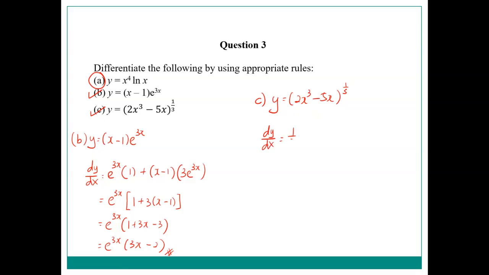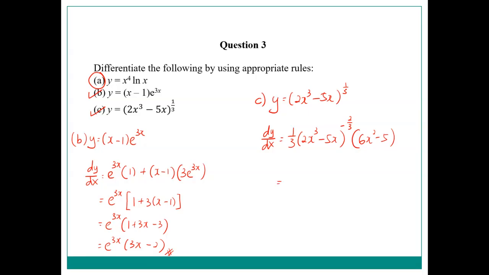Okay, so let's find the derivative of y. So here we have 1 over 3, 2x cubed minus 5x. 1 over 3 minus 1, we got negative 2 over 3, right? And then now it is time for us to differentiate the inner function. Differentiate this, we got 6x squared minus 5, right?